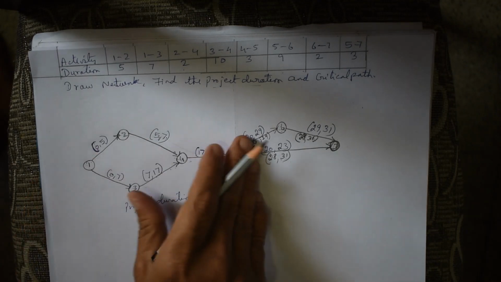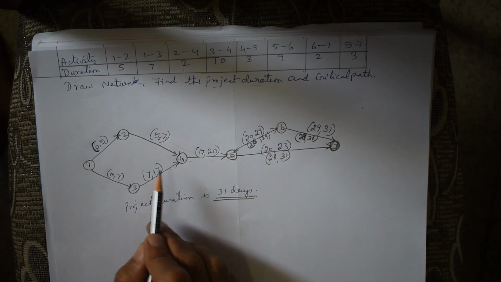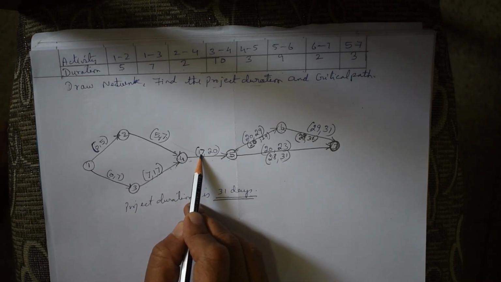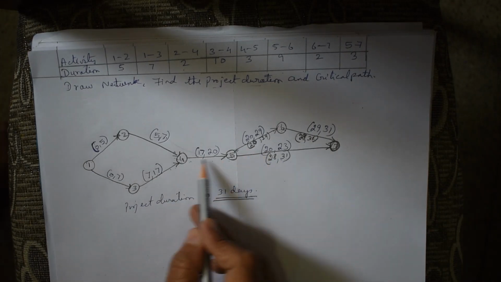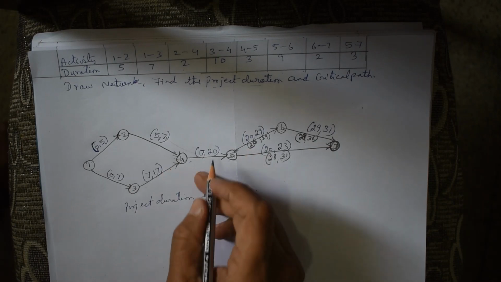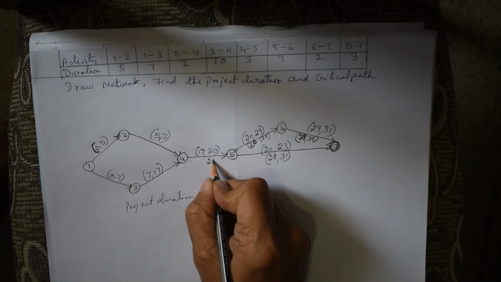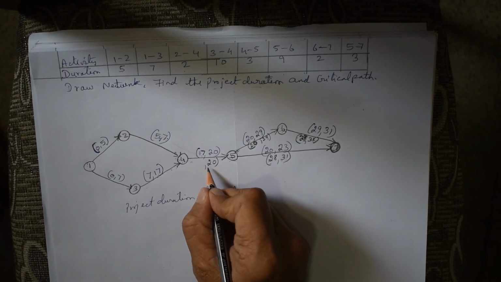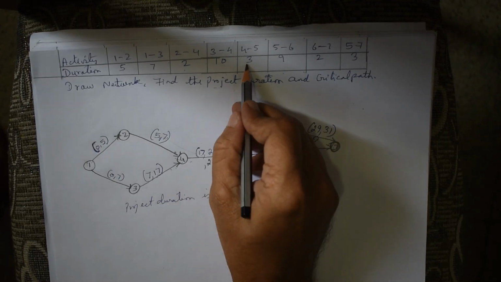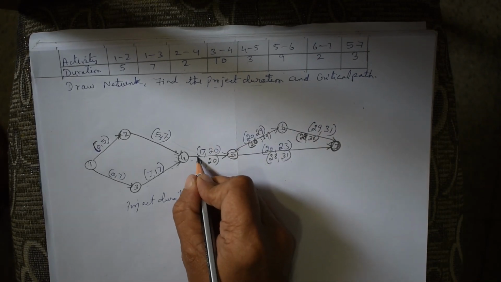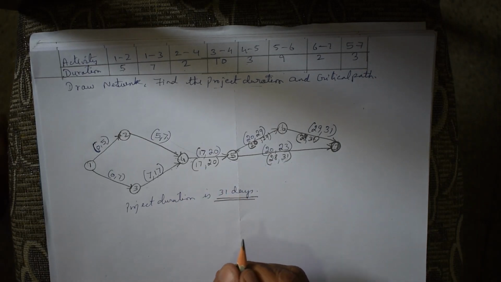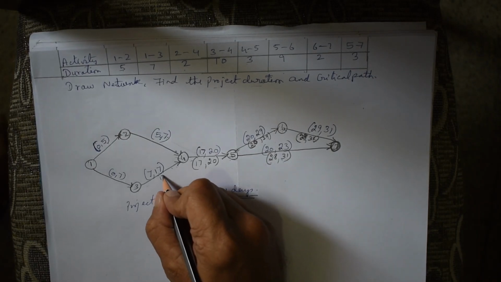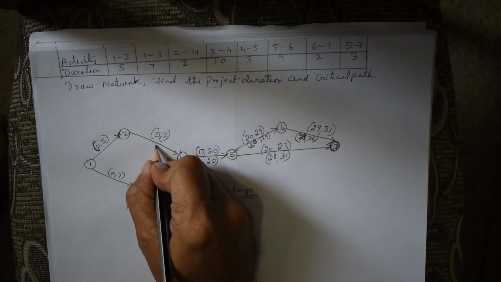When we went forward, I told you 7 or 17, take the higher time, right? But when you come backwards, 20 or 28, choose the least time, which is 20. So 20 minus the duration of 3, the starting time is 17. So this 17 should come over here as well as here.